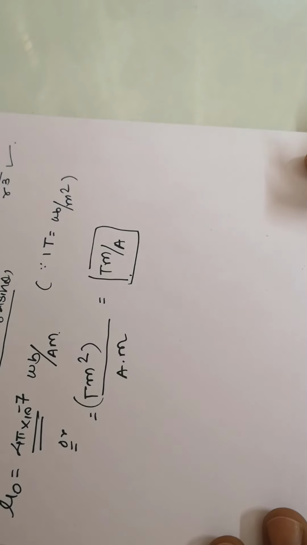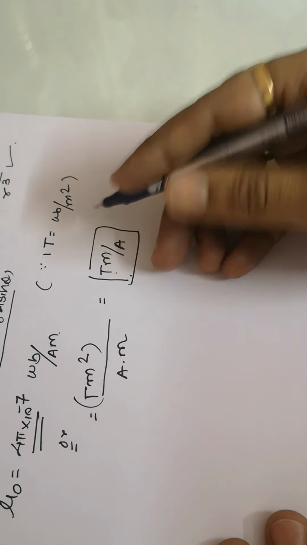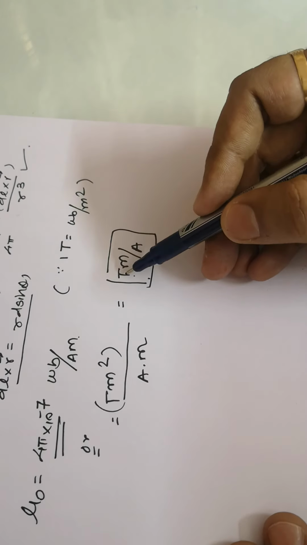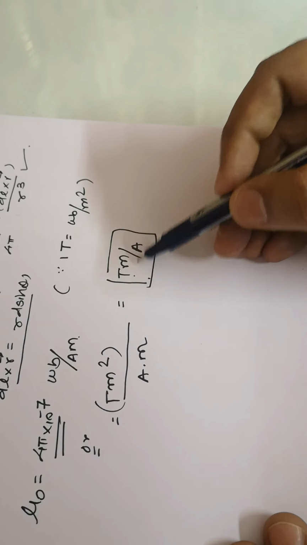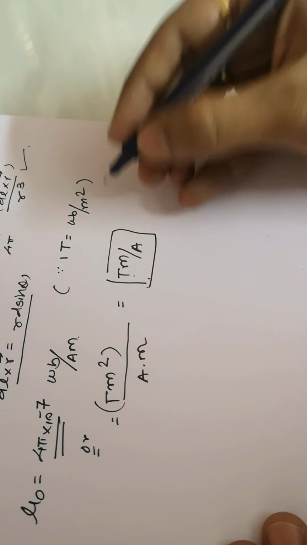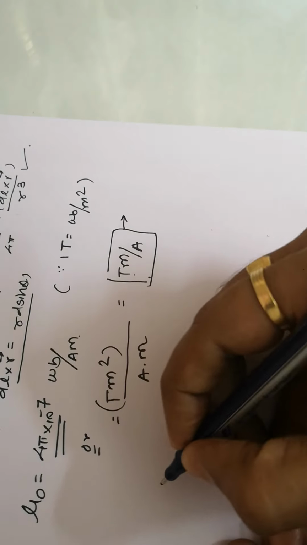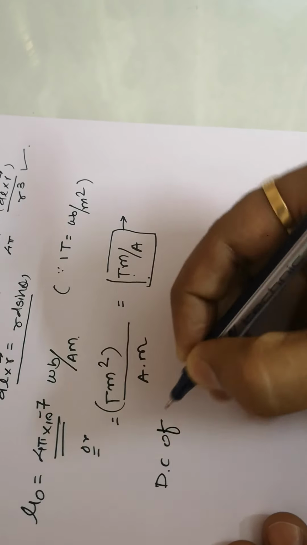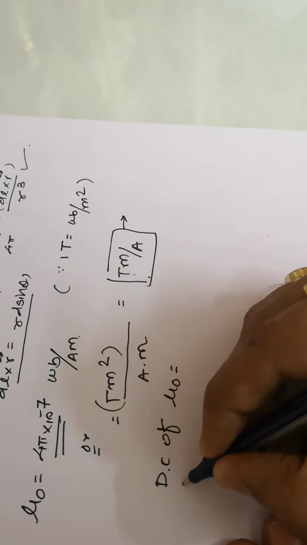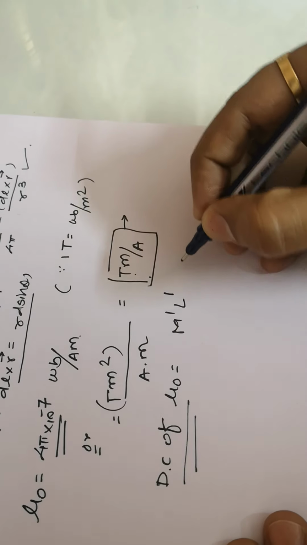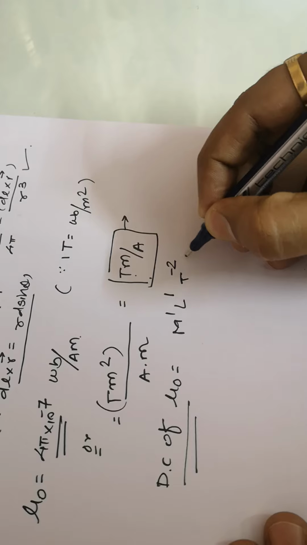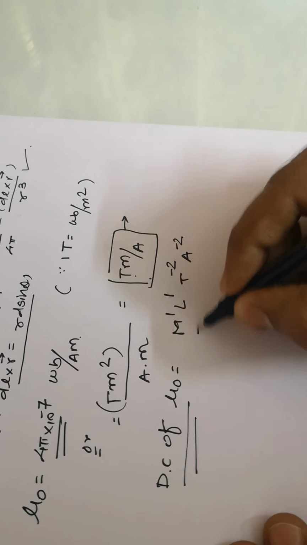As you are aware about its dimensional configuration of Tesla, which is M1 T minus 2 and A minus 1. This is meter, this one is called as ampere. So I can have directly the dimensional configuration of mu 0 is equal to M1 L1 T minus 2 and A minus 2.